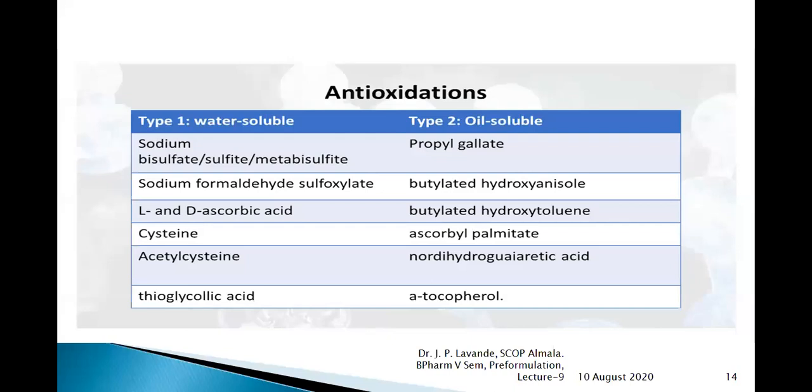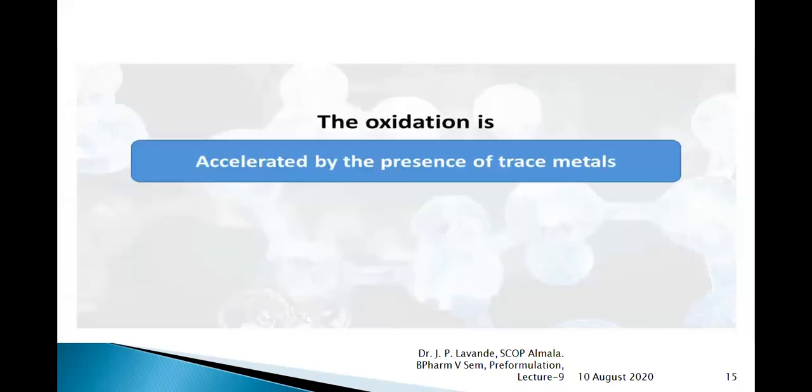Type 2 oil soluble antioxidants are propyl gallate, butylated hydroxyanisole, butylated hydroxytoluene, ascorbyl palmitate, nordihydroguaiaretic acid, and alpha tocopherol. So these are the oil soluble antioxidants.